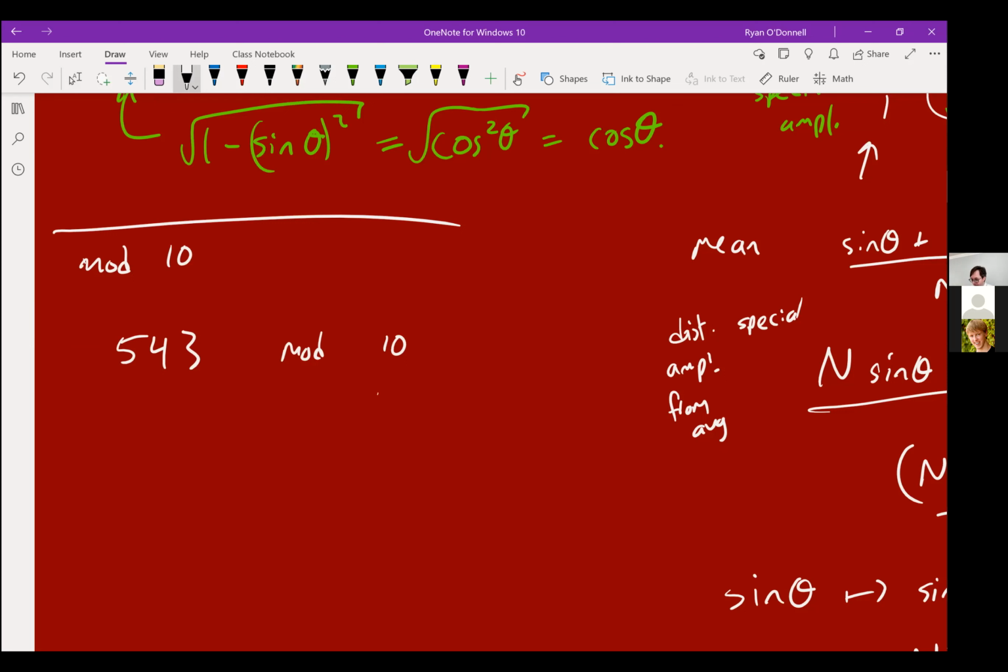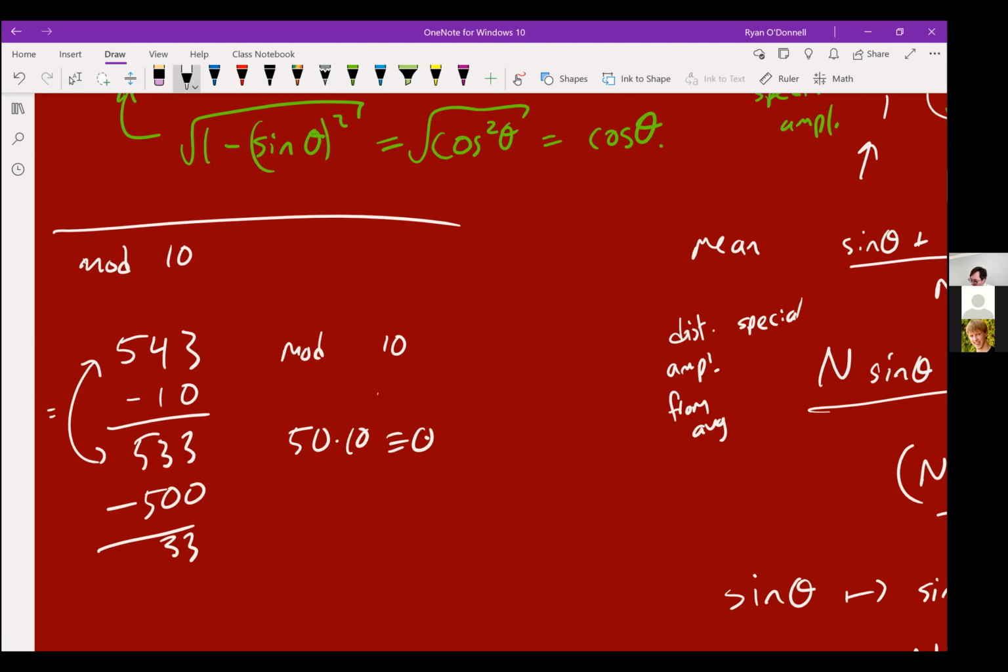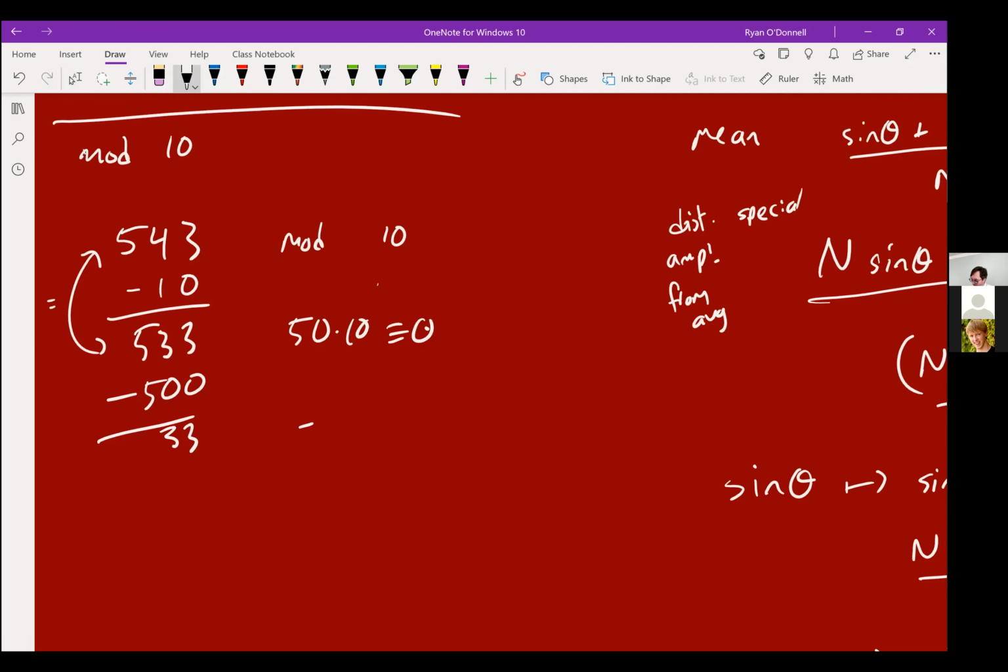So you could subtract 10 from this and get 533, and these are just treated as equal now. And you could say, I'm going to actually subtract 50 times 10, which is also considered to be 0. Then I get 33. And then I also subtract 3 times 10, and you get down to 3.